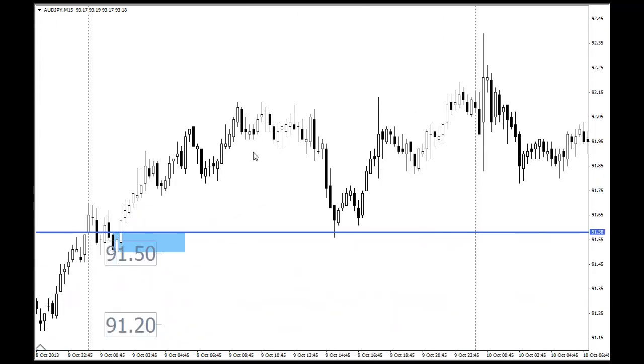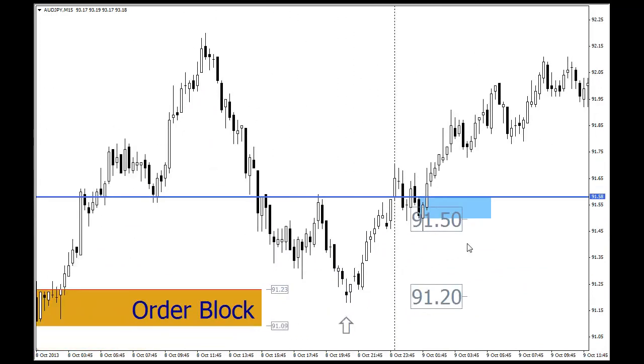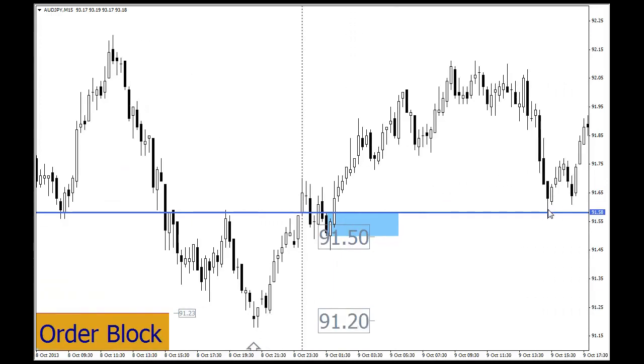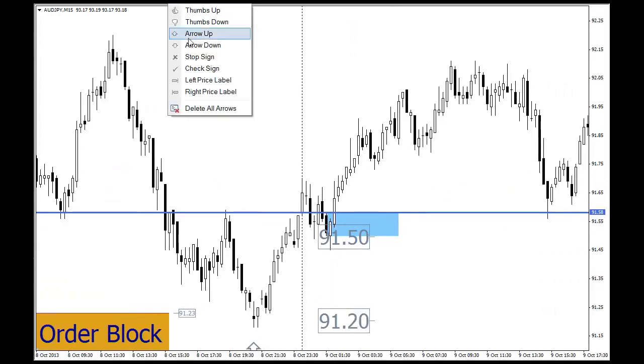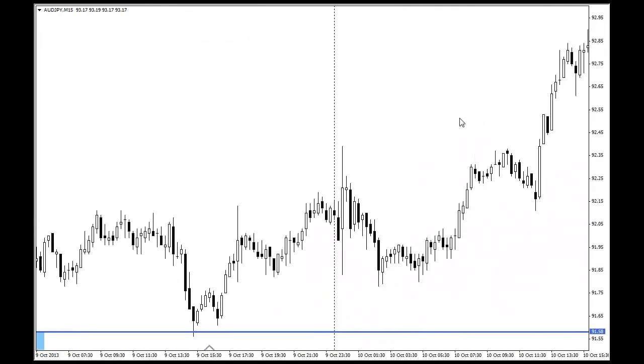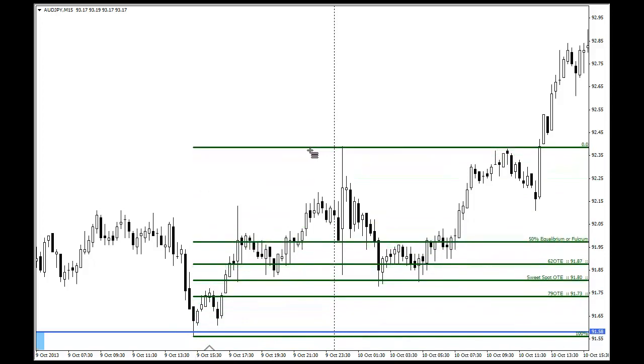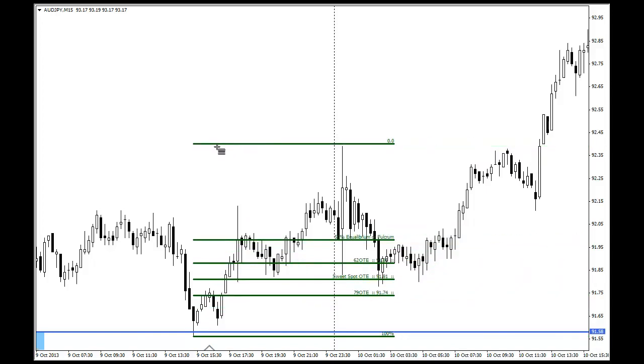Okay, let's zoom out and go back to our reference points of entry. We have this one here and this one here. Now we have another opportunity to see another optimal trade entry here using this range.